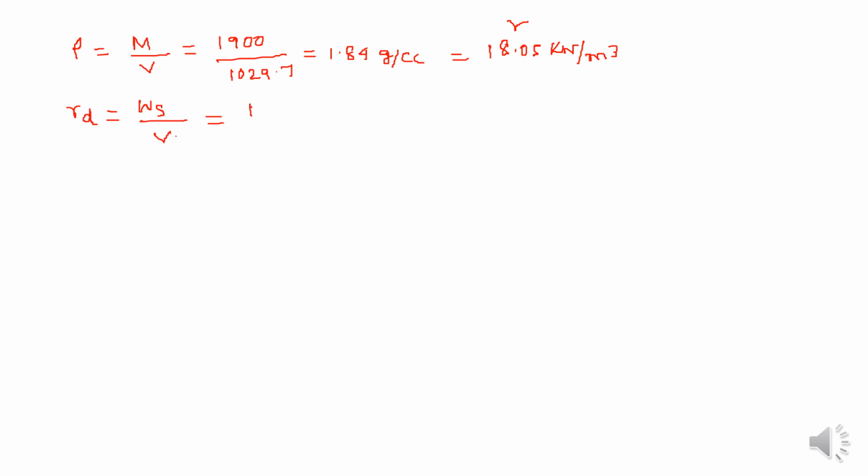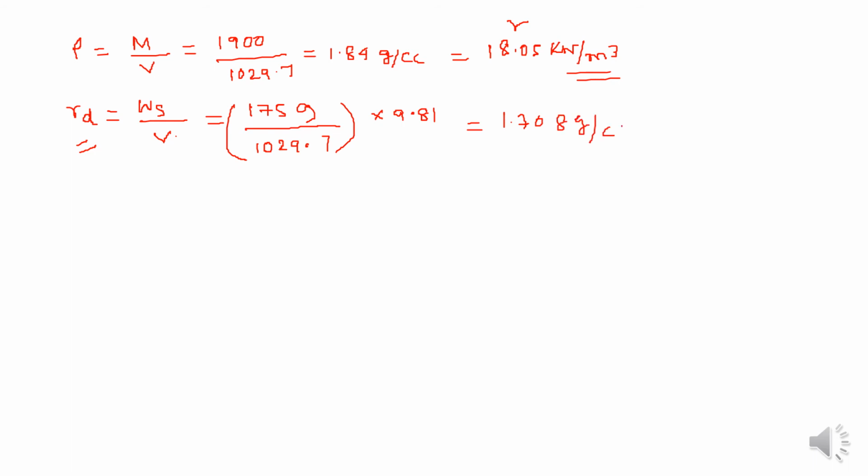So for the weight of the solids, we have the mass of the solids given, that is 1759 gram. Since we will find the dry unit weight, let us already keep 9.81 in multiplication so that we can obtain it in kilonewton per meter cube. So the weight of the solids divided by the total volume, the volume of the core cutter, as we have written in the phase diagram, is 1029.7.